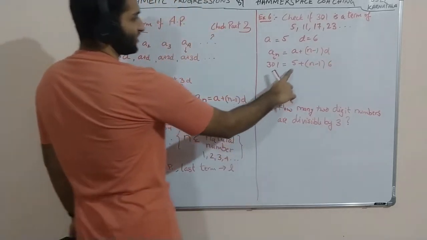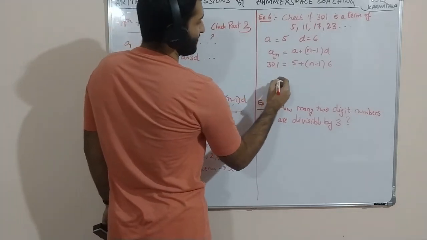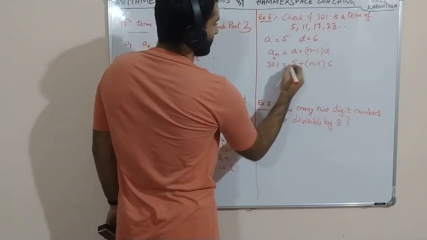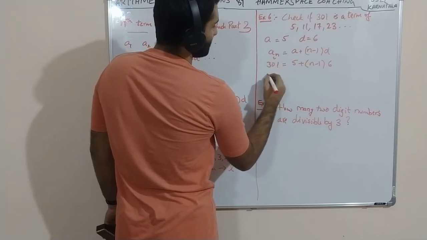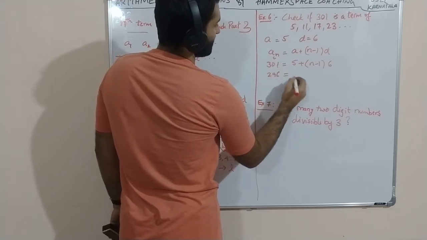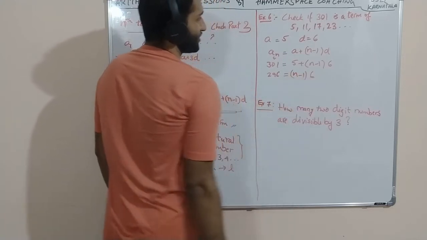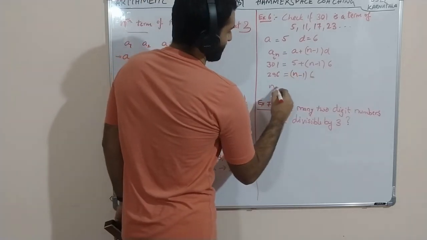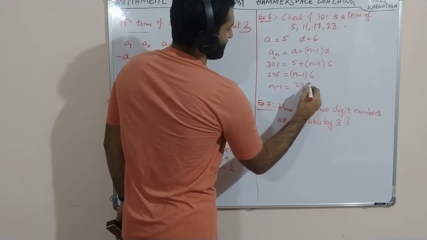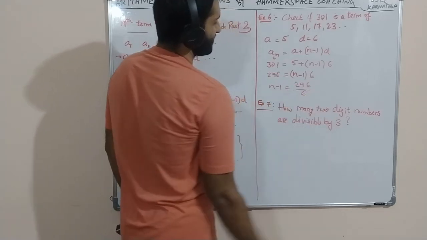If you subtract, 301 minus 5, 296 equals (n minus 1) into 6. So n minus 1 equals 296 by 6.